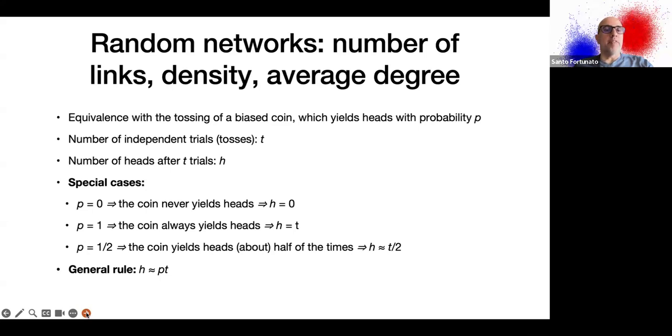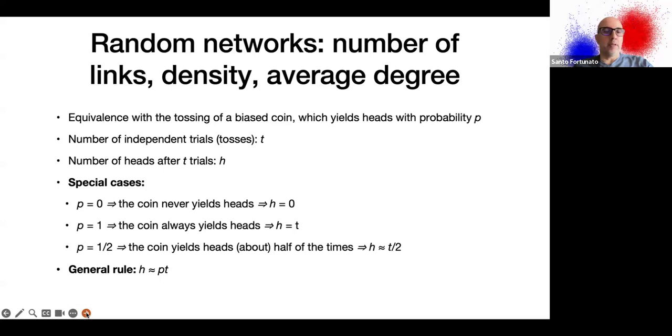So special cases: if p is equal to 0, it means the coin never shows heads, so h is equal to 0. If p is equal to 1, the coin always shows heads, so the number of heads is going to be exactly equal to the number of trials. If p is equal to 1/2, the case of the fair coin, then you get heads approximately, but not exactly, half of the time, so for half of the trials.